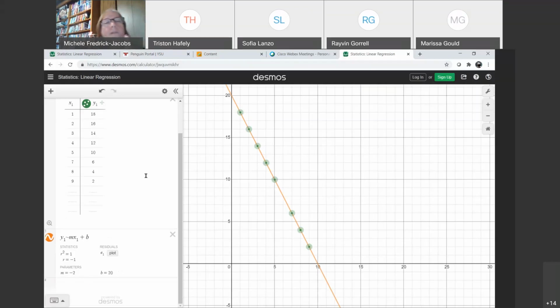So if it's all on the line, r squared is 1, and I definitely asked that on a test. If r squared is 1, what do you know about the points and the trend line? The points are all on the line. Any questions with Desmos or Excel?